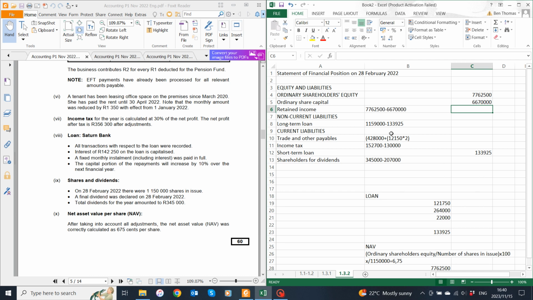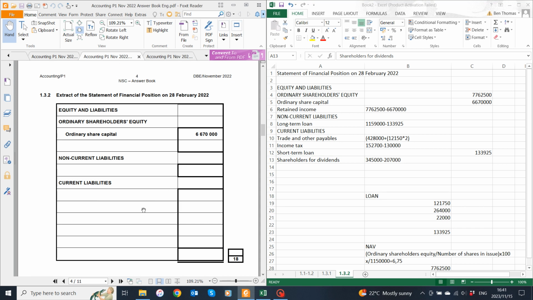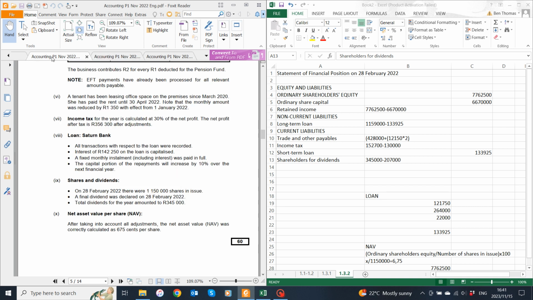And I think that's about it, guys, because there was nothing else that was needed. And I do think, again, there's 1, 2, 3, 4 entries under current liabilities, but I believe there were 5 lines open. Again, I think this was a mistake. It's confusing, but it's there, so we have to deal with it.